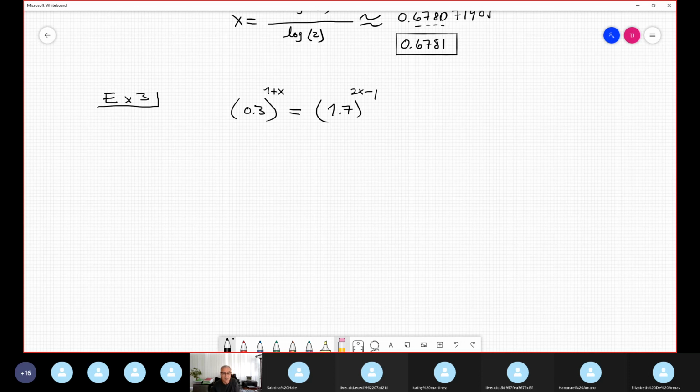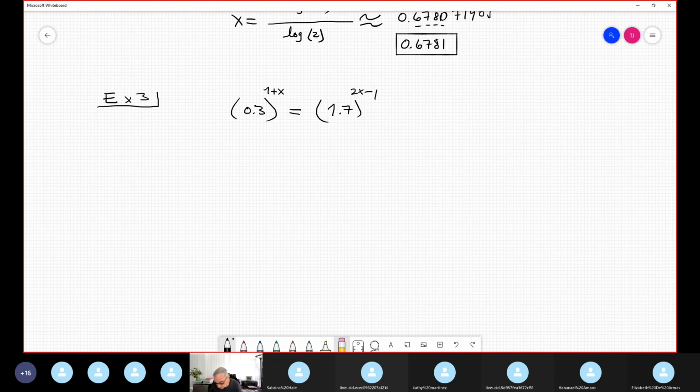This is a completely special exponential equation because 0.3 and 1.7 we can never express using a common base. So the only possibility we have in our hands is to compute using logarithm on both sides. Logarithm is magic. Logarithm allows me to convert an exponential equation to a linear equation.